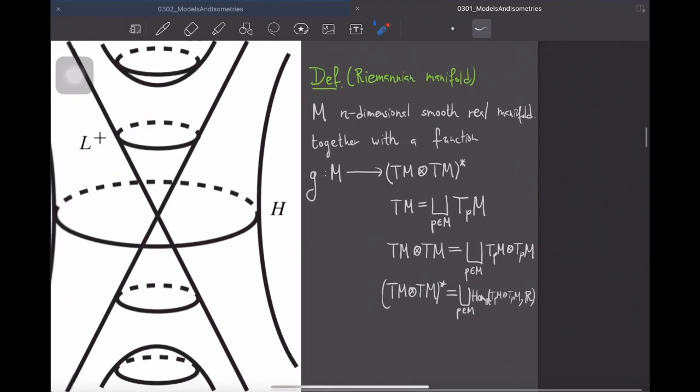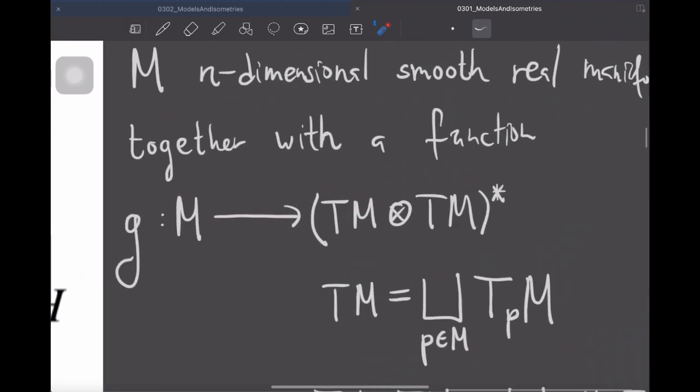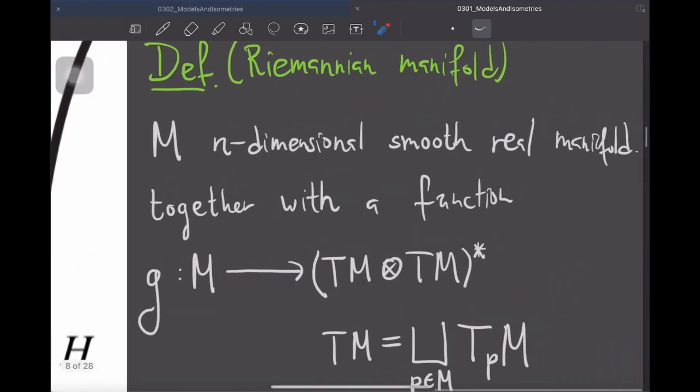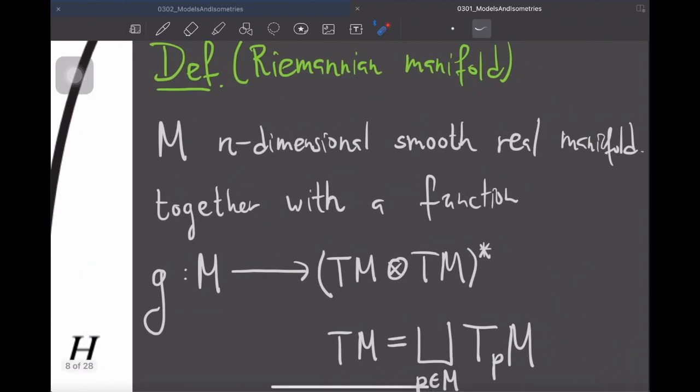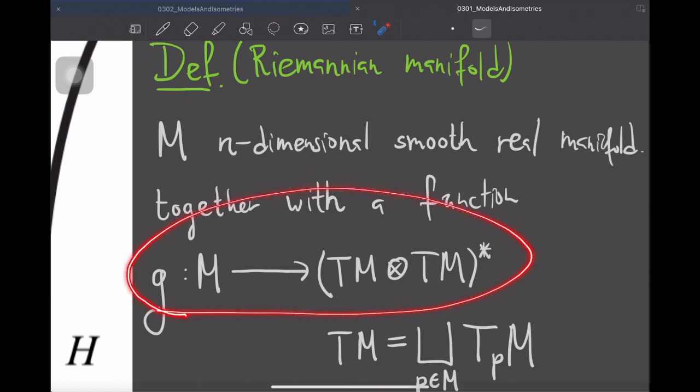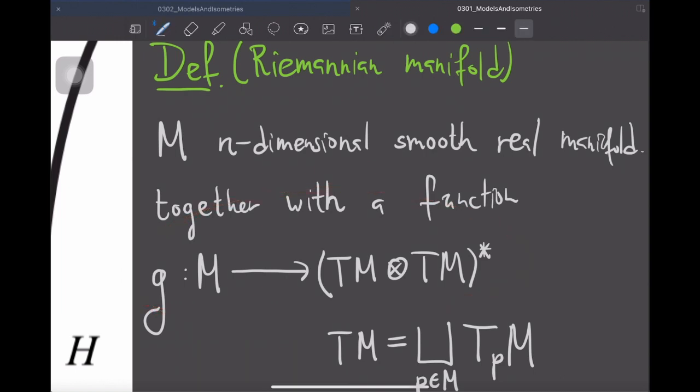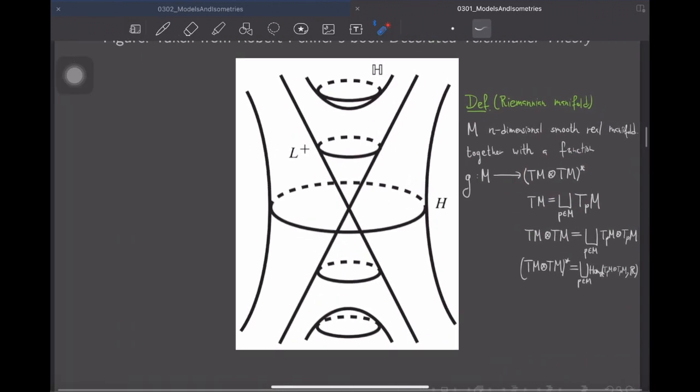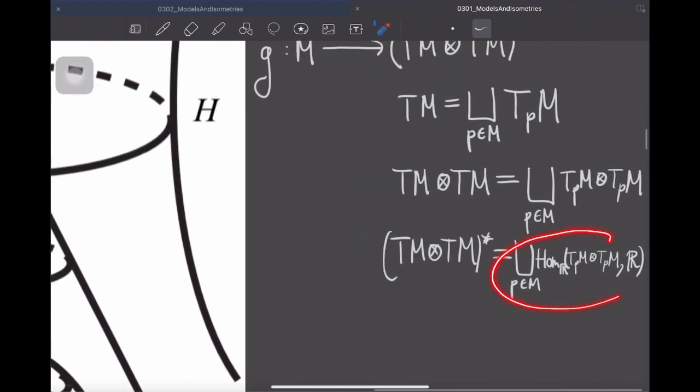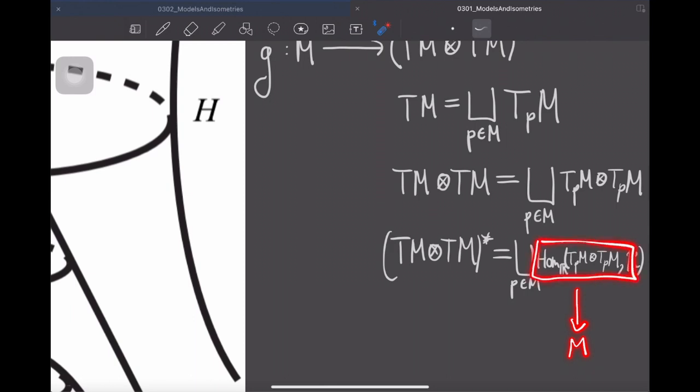Okay, so I come back here. This function, I require from it two things. One is that it is a section of this bundle. If you describe it this way, one has a function from here to M, namely to anything in here you associate the point at which it's based.